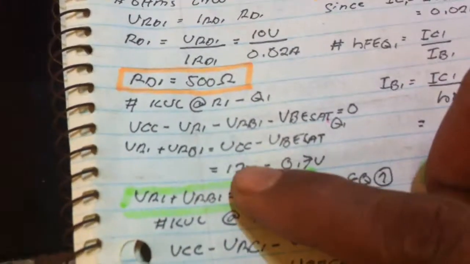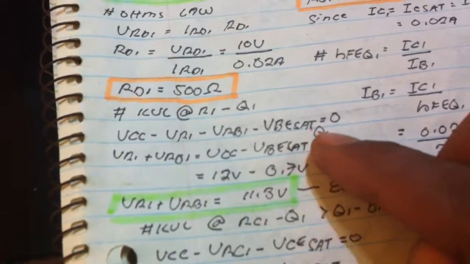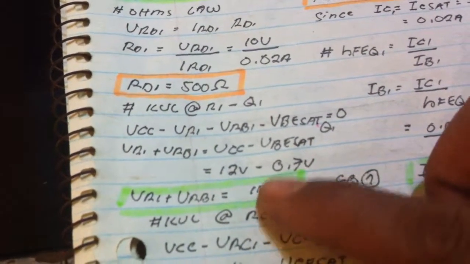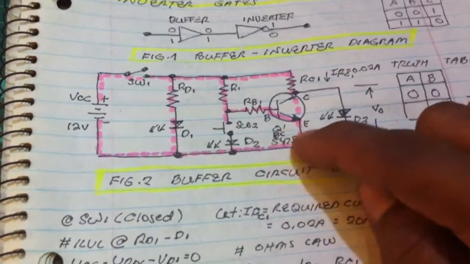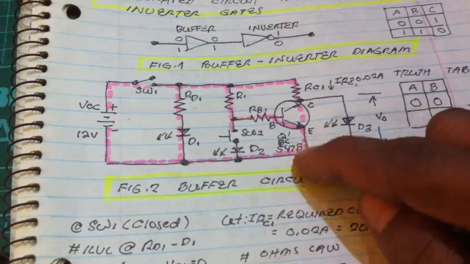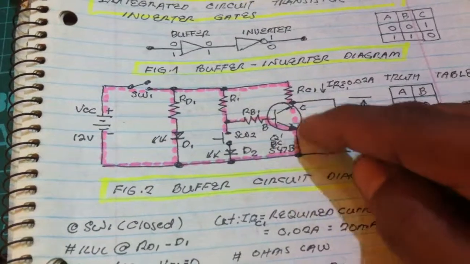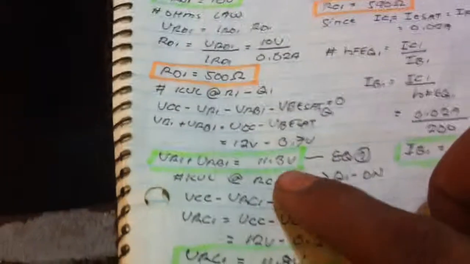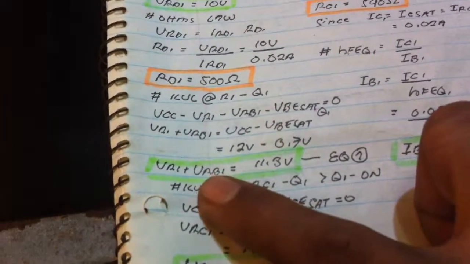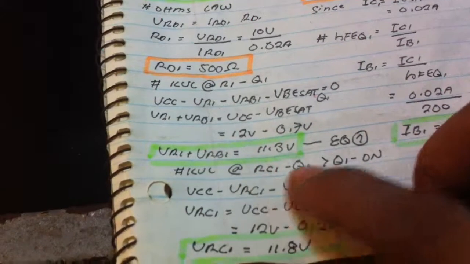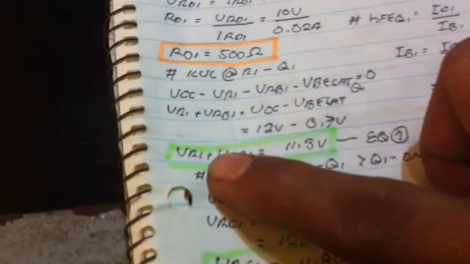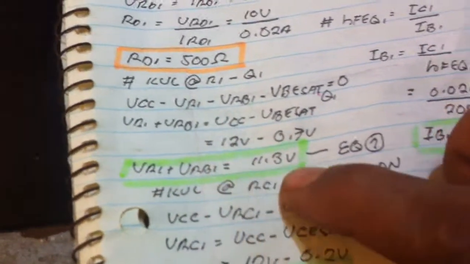By using KVL, transposition and substitution, we get 0.7 volts voltage drop across the transistor in saturation, base to emitter. And then we get now the sum of the two voltages, the series combination of the resistors, VRD1 plus VRB1, 11.3 volts.